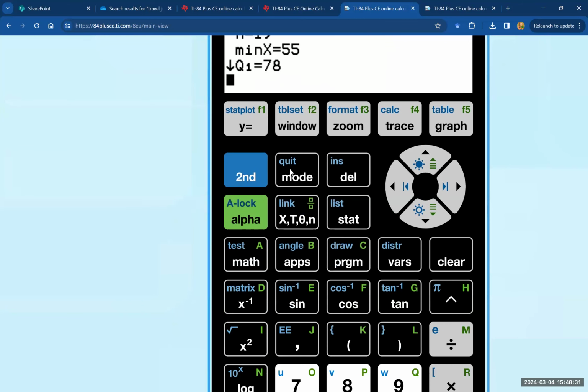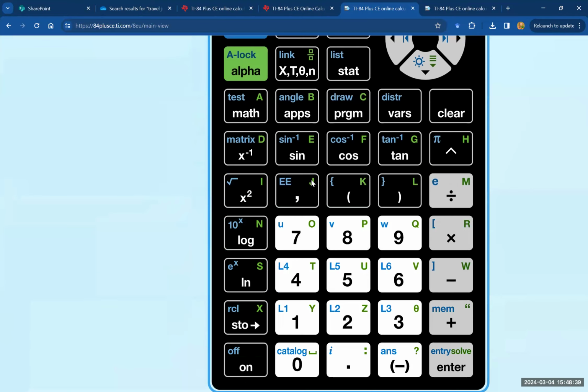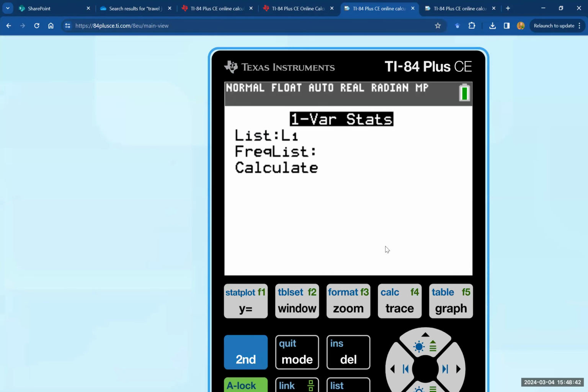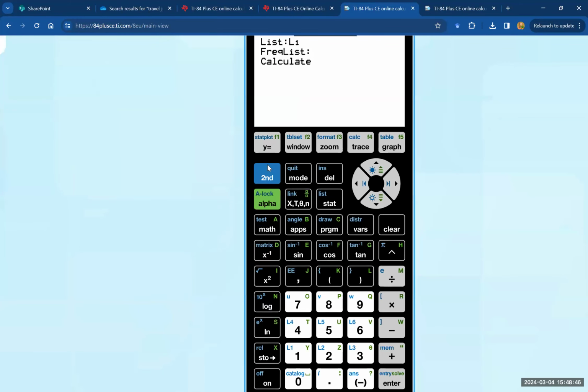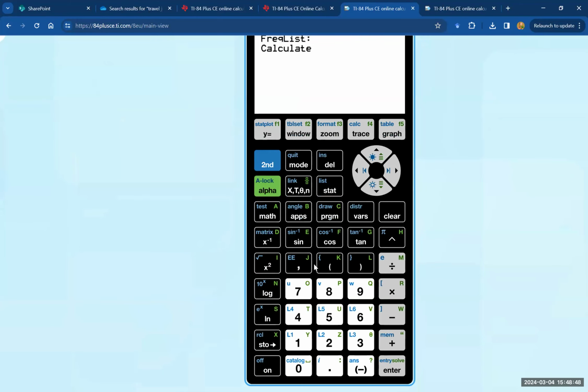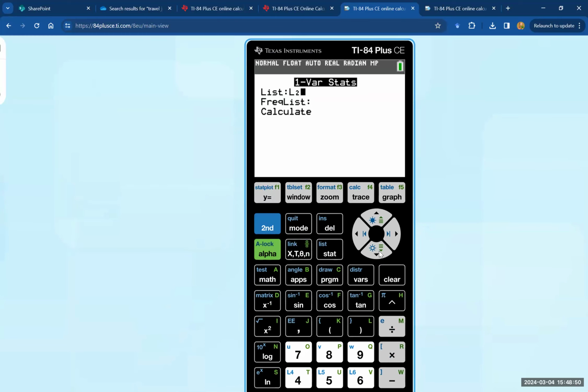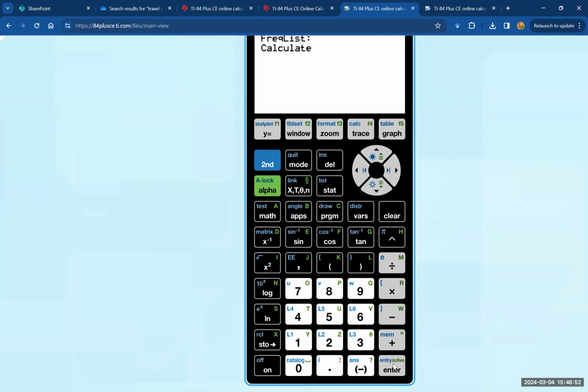Let's see if we can get the other one. So it's stat, calc, one variable statistics, and we need to change it to list two. That's going to give us our second mean and median.